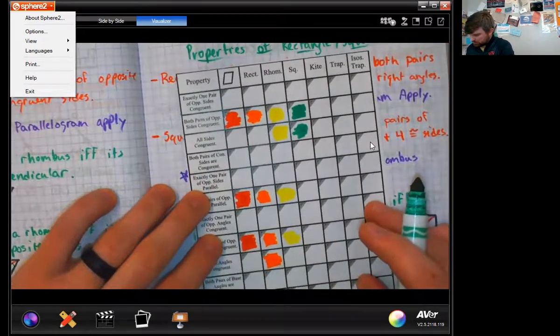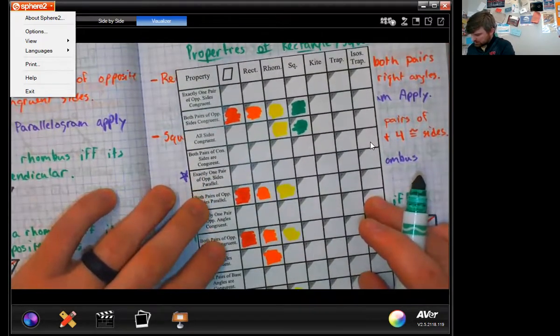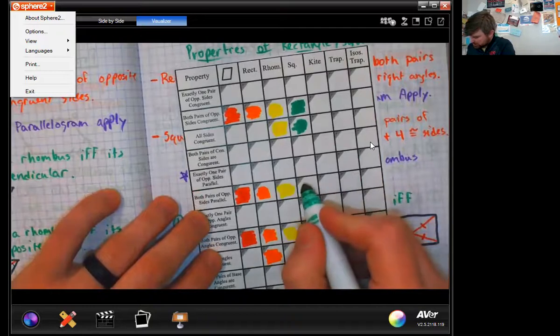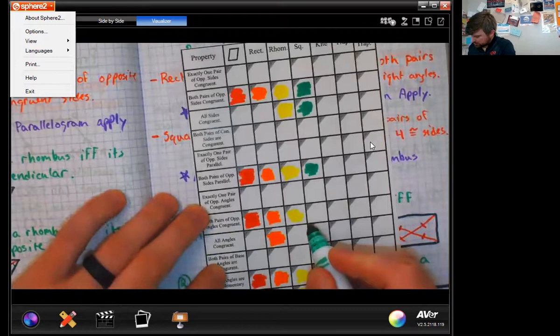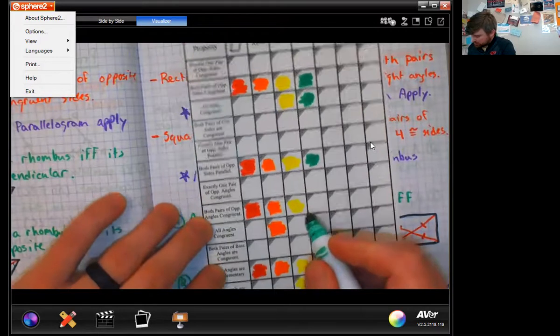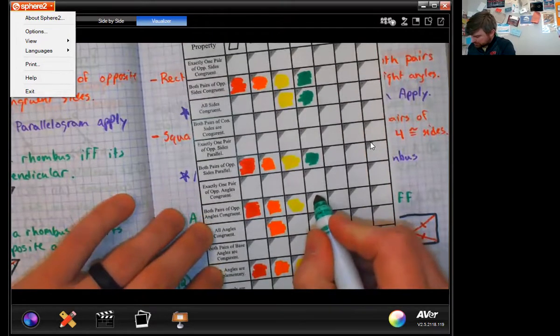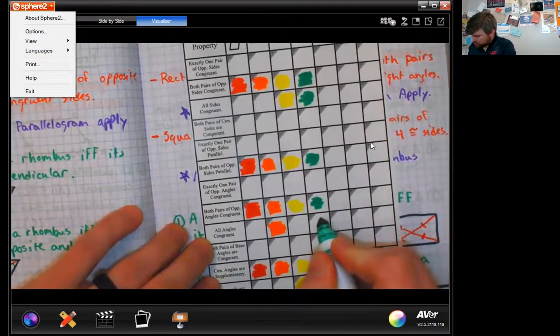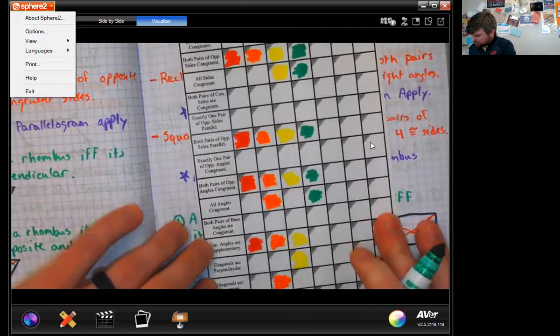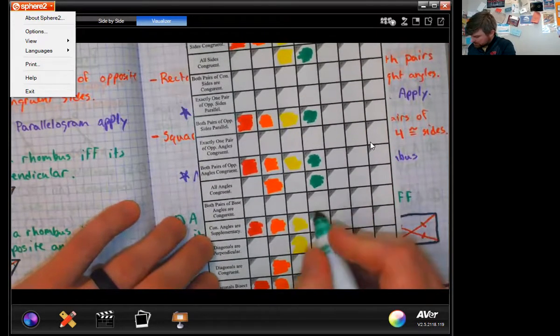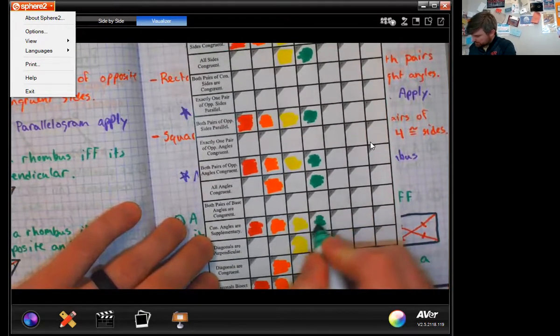Exactly one pair of opposite sides parallel? No. Both pairs of opposite sides parallel. Exactly one pair of opposite angles congruent? No. Both pairs of opposite angles congruent. All angles are congruent. Base angles are congruent? No. Consecutive angles are supplementary? Yeah.